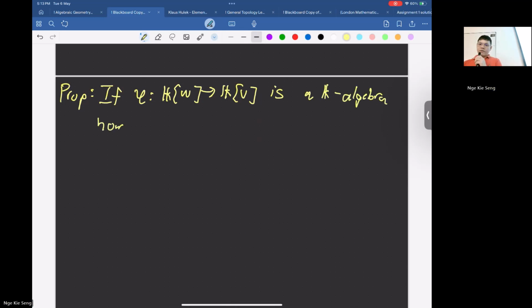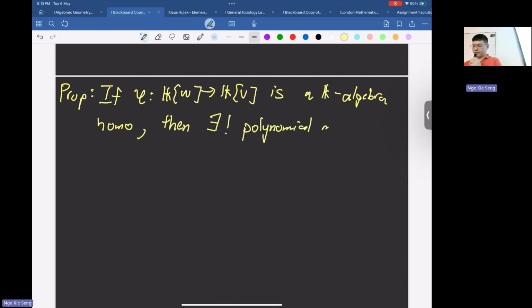From this K-algebra homomorphism, we can find not just one, but a unique polynomial map F from V to W such that phi equals the pullback of F. So not just existence but also uniqueness. So now your job is how to find it.